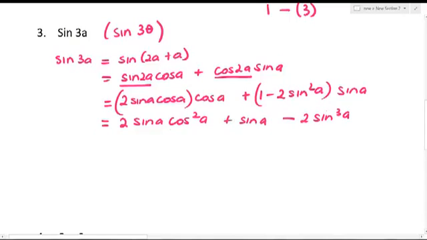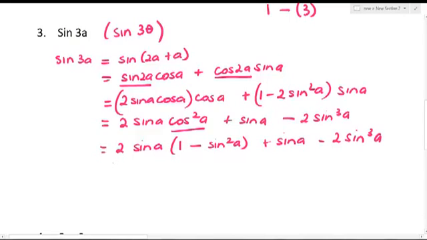So now what I want to get rid of is this cos squared. To get rid of that, I'll just use the 2-unit trig identity. So the 2-unit trig identity for cos squared a is 1 minus sine squared a. So we still have the sine a by itself, and we still have 2 sine cubed a.